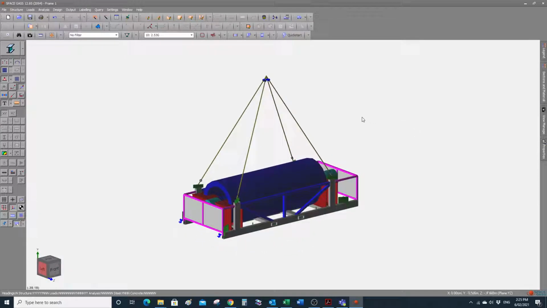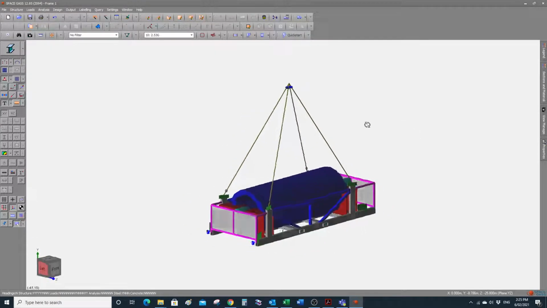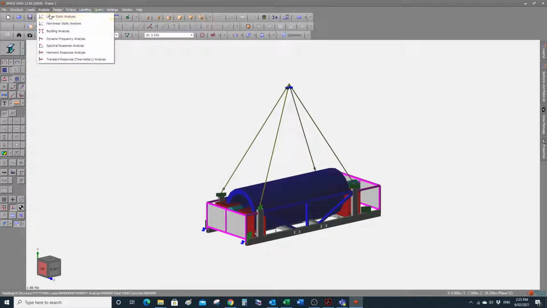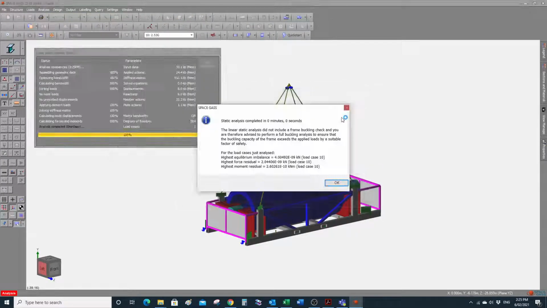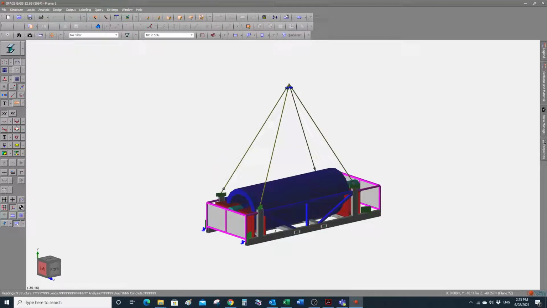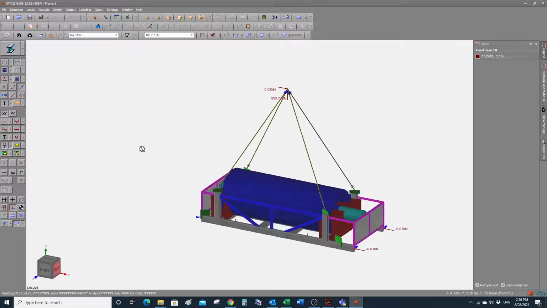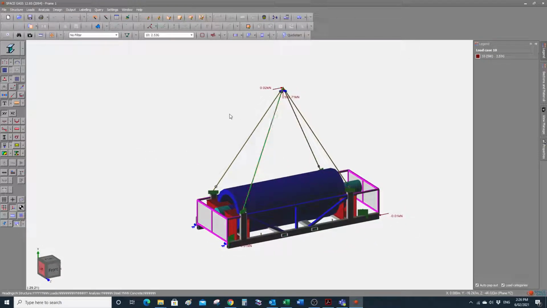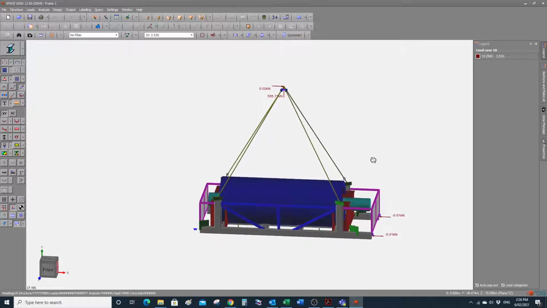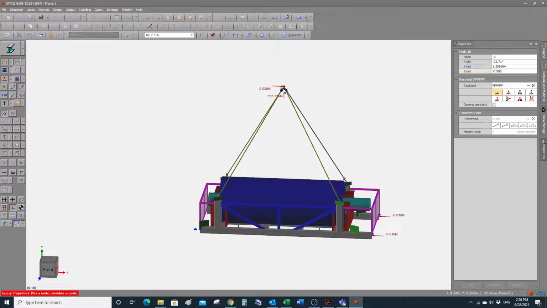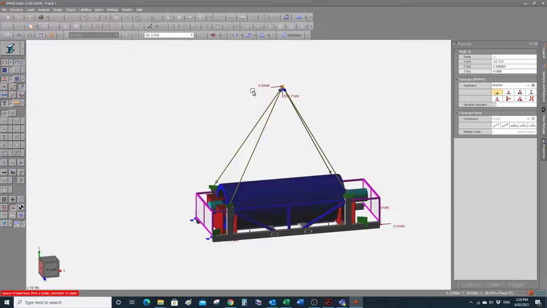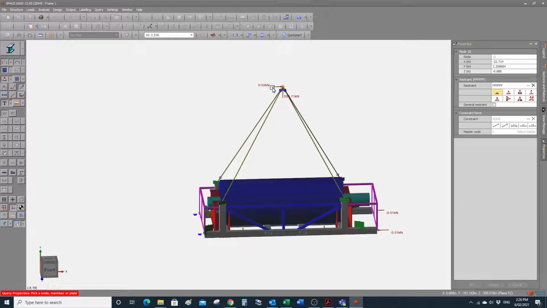So now my hook point is right above the COG, and if I analyze and look at the reactions, you see those huge horizontal reactions are just gone, only very small reactions remaining. If we want to make it even more accurate, I have to move the COG in the opposite direction of this reaction so that it actually disappears.